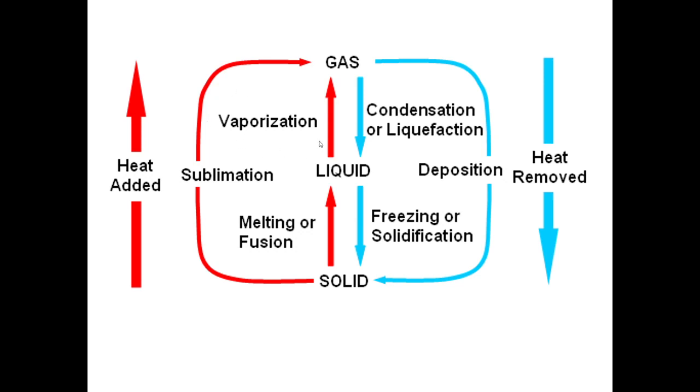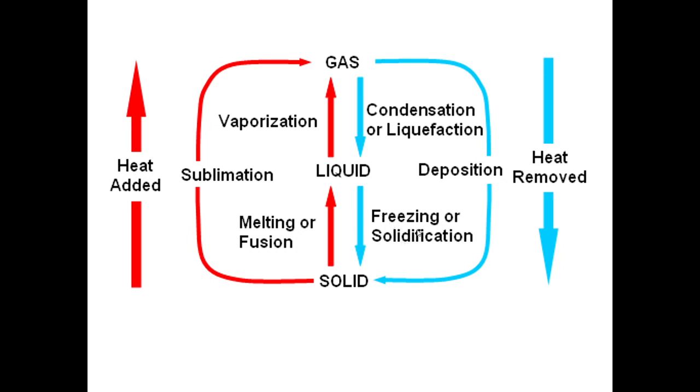Vaporization, going from a liquid to a gas, is where we're moving to a vapor, so you can hopefully remember that. Then going from a gas down to a liquid is condensation, so condensing or liquefaction, turning into a liquid. Then freezing or solidification makes sense as well: you're turning into a solid.